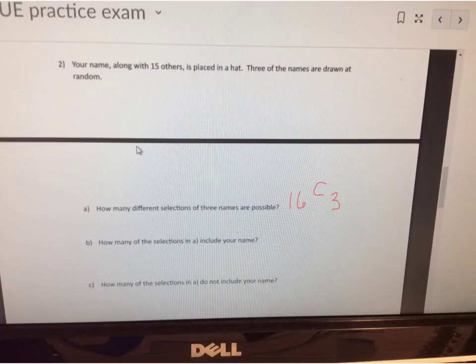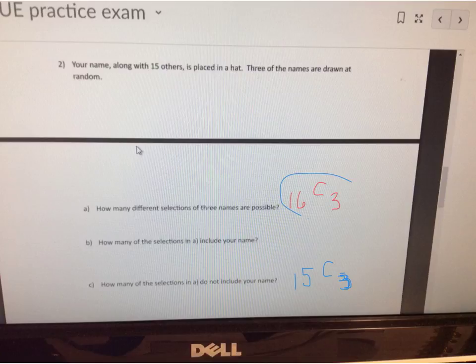Okay. How many of the selections include your name? Well, it'd be easier to go down to part C first because it says how many of them do not include your name. If we start there, 15 are left if you take your name out, and so there's that many ways to choose it with your name taken out of the hat.